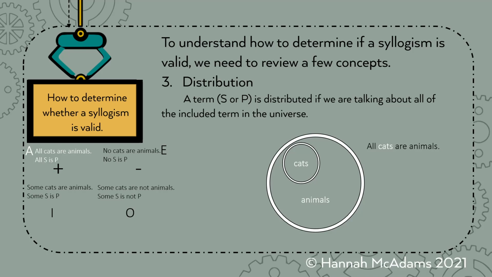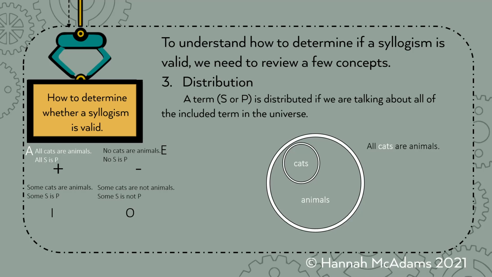But I could say all aliens are animals. And even though that's not true, it's still distributed because we're talking about every single alien. So be careful with the truth issue. In this case, it's true. I used a true statement so that you can understand, but it doesn't have to be true for it to be distributed.